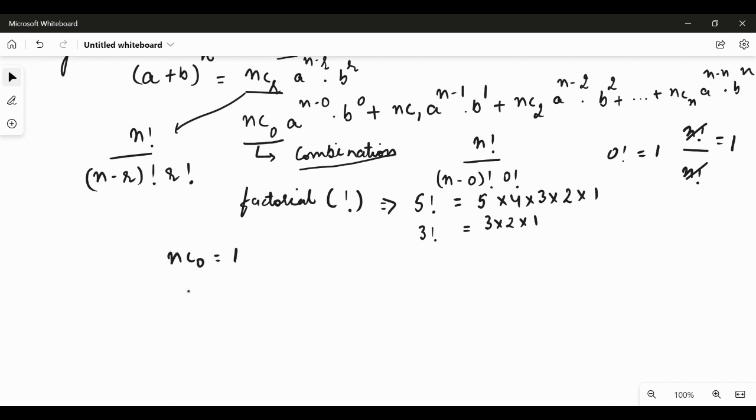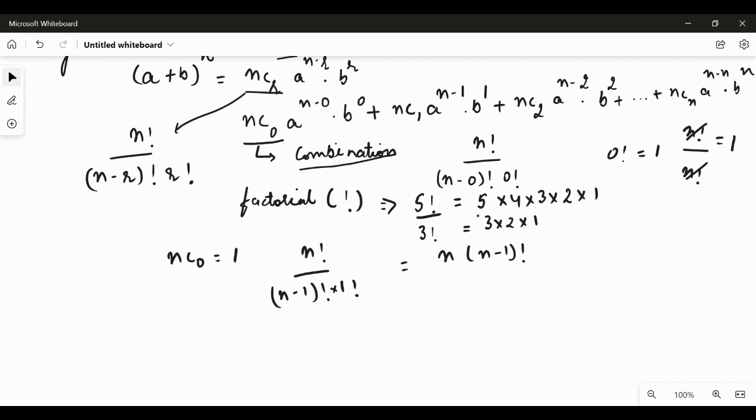In the same way, I will calculate the value of nC1. Now, what is nC1? n factorial upon (n minus 1) factorial into 1 factorial. Now 1 factorial again is 1. So can I write it like this? n into (n minus 1) factorial.